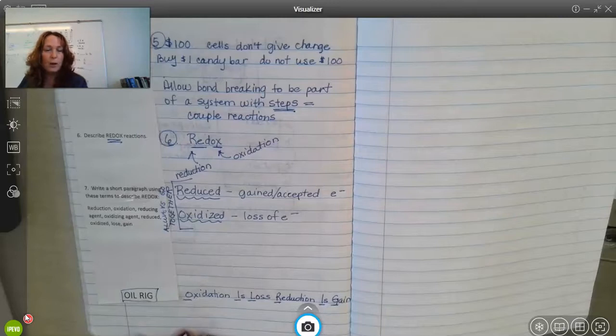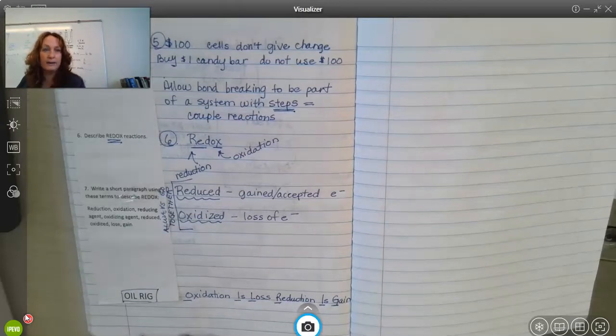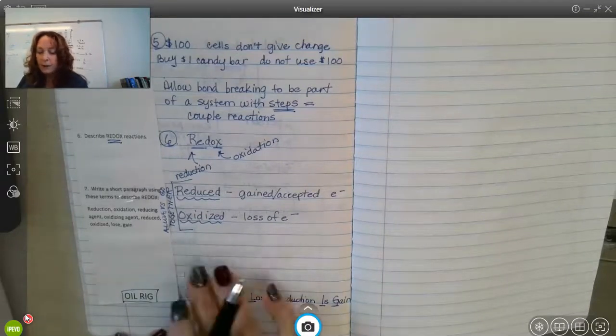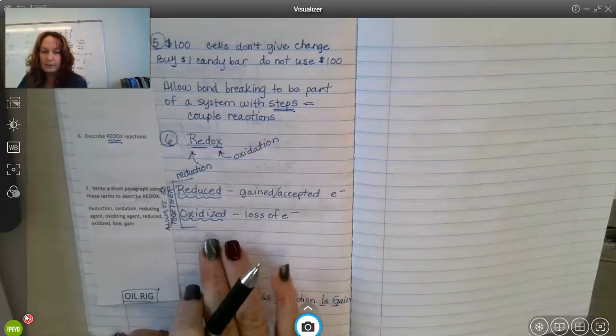It's just a way to remember, and I think y'all had like Leo the Lion Goes Grr or something like that in chemistry, but oil rig makes more sense to my head. Oxidation is loss, reduction is gain. We're talking about electrons.